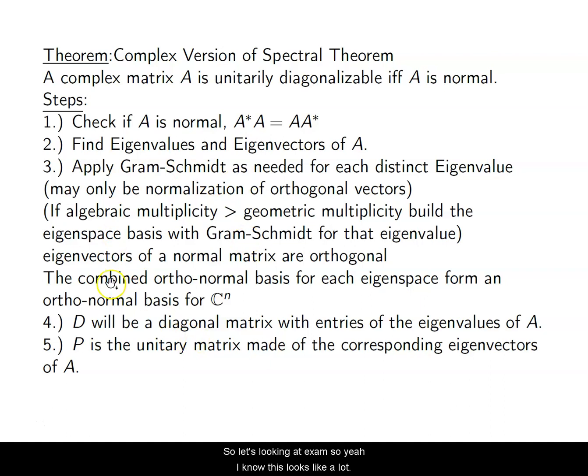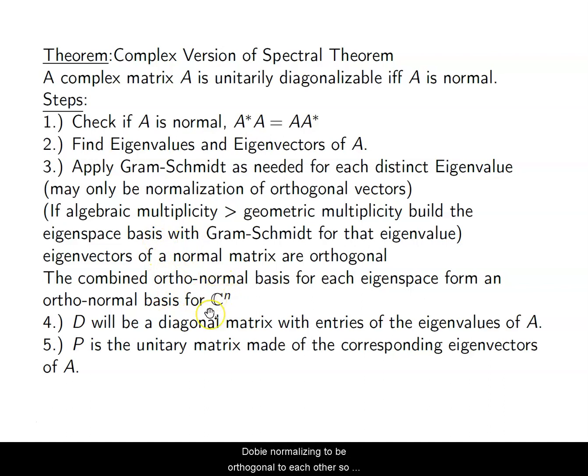So again, I know this looks like a lot for this theorem, but a lot of this verbiage is just to say that the eigenvectors that we get need to be normalized, and once they're normalized, they will form an orthonormal basis for each eigenspace. And once we put them together, that's why it will form a unitary matrix, because they will be orthonormal to each other.